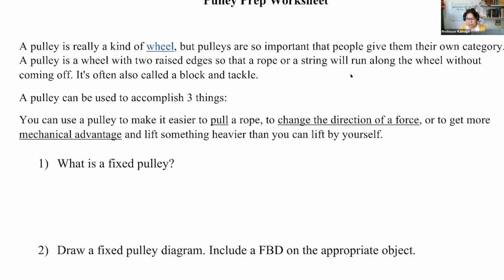You can use a pulley to make it easier to pull a rope, change the direction of a force, right? And if you use a movable pulley, you can get more mechanical advantage to lift things up.